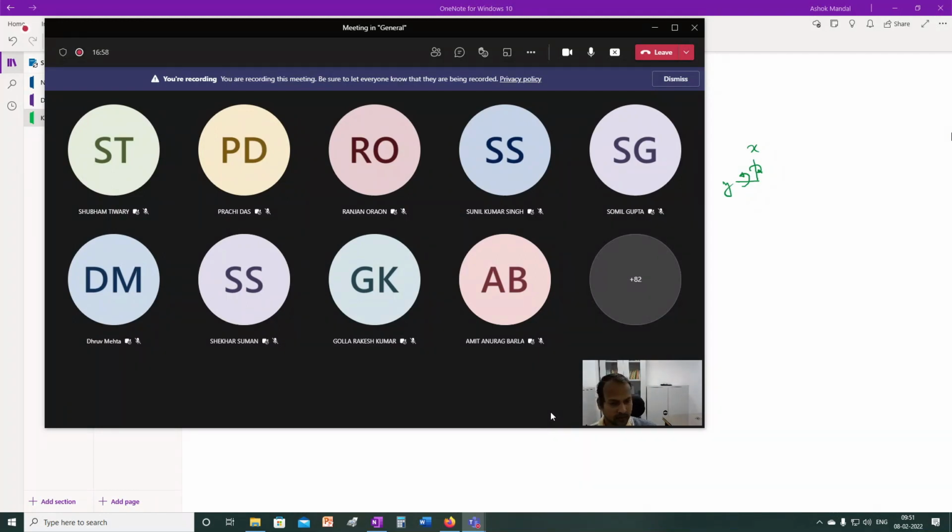Unfortunately, throughout your BTech courses, these subjects are neglected somehow. But as I said, this is a whole area of research, a whole area of working.